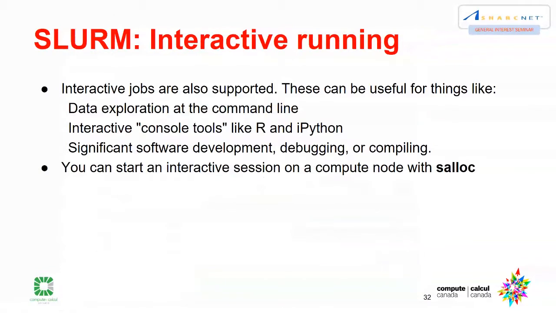Interactive running mode is kind of making a virtual allocation for your working environment only. So interactive jobs are also supported in this kind of situation. As I described here, data exploration at the command line, interactive console tools like R or IPython, or sometimes you need to debug or compile. Those kinds of things are also possible in these large scale systems.